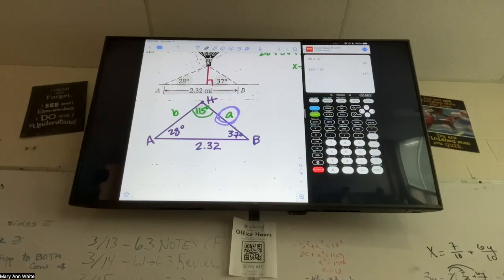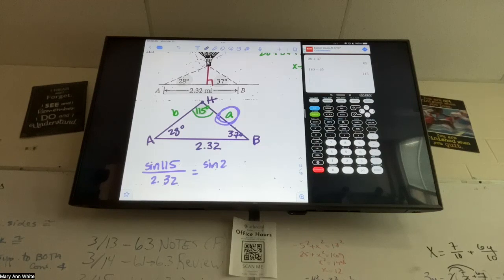If I want to find little a, what would be my equation that I set up? It's my law of sines that I'm gonna set up. To find little a. Sin 115 over 2.32, good? Equals sin, what is angle A?